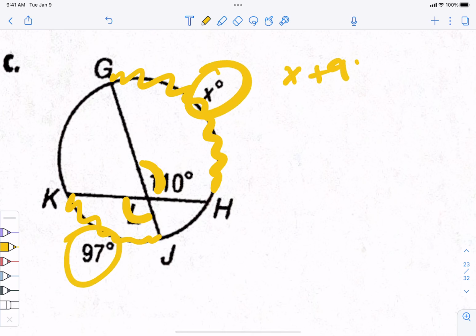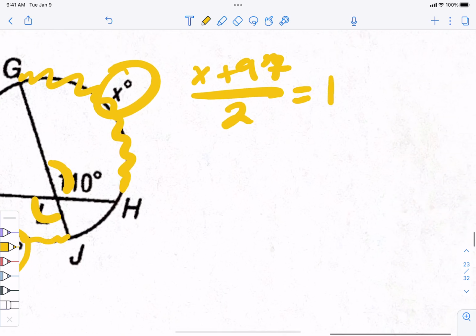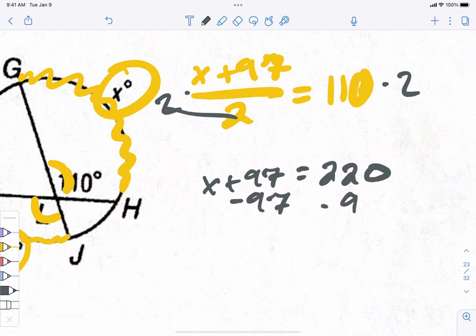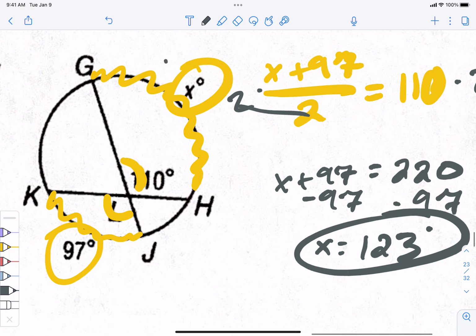X plus 97 divided by 2 will be equal to 110, right? Then we multiply by 2. X plus 97 equals 220, and then we subtract 97, which is 123, I believe. So that's 123 degrees.